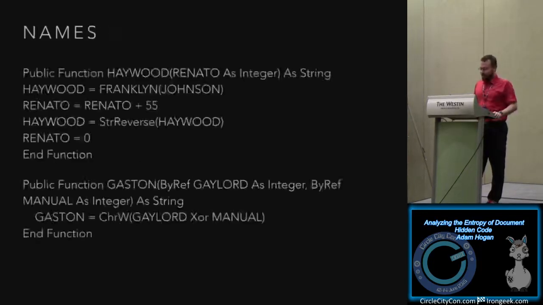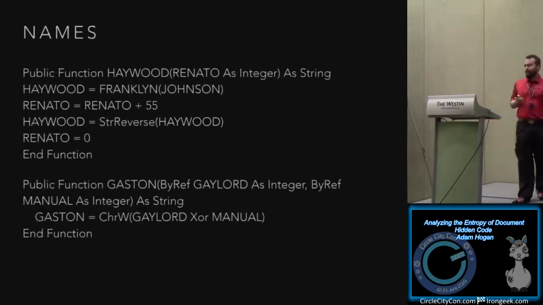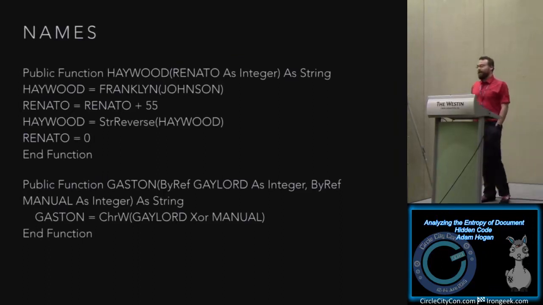Take a look at this one. So what transcends language? Names. Names get used a lot across different languages. And sure enough, I've been quite outsmarted here. This is actual malware I found. Instead of randomized variables, they're just picking names.